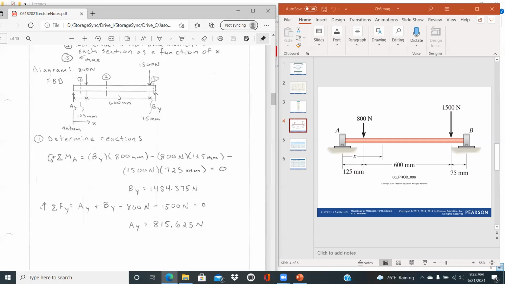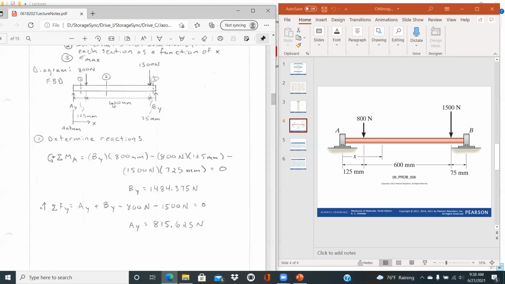And so for this instance, if we have this 800 millimeter long beam, which is about 0.8 meters, just a little under a meter. If we were to include the weight, we would just draw that on the free body diagram at the center of the beam as the force acting down.